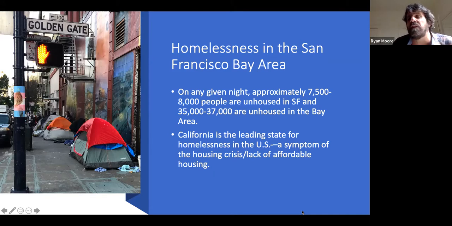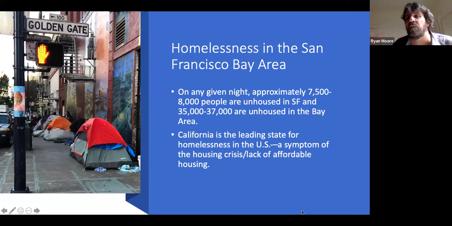Keep in mind that this is not because there's a lack of housing. It is not that simple. There are something like 40,000 vacant units in San Francisco. So there's actually a lot more vacant housing in the city than there are homeless people.